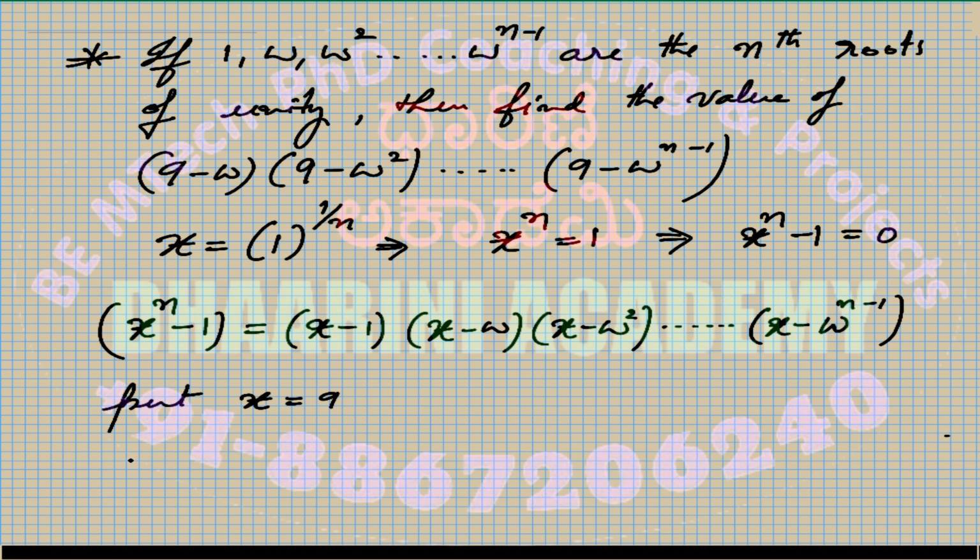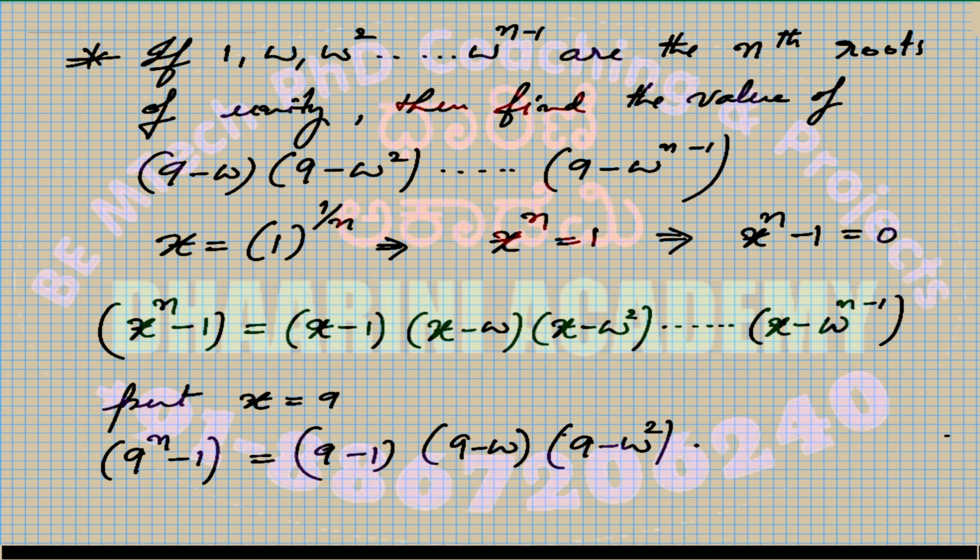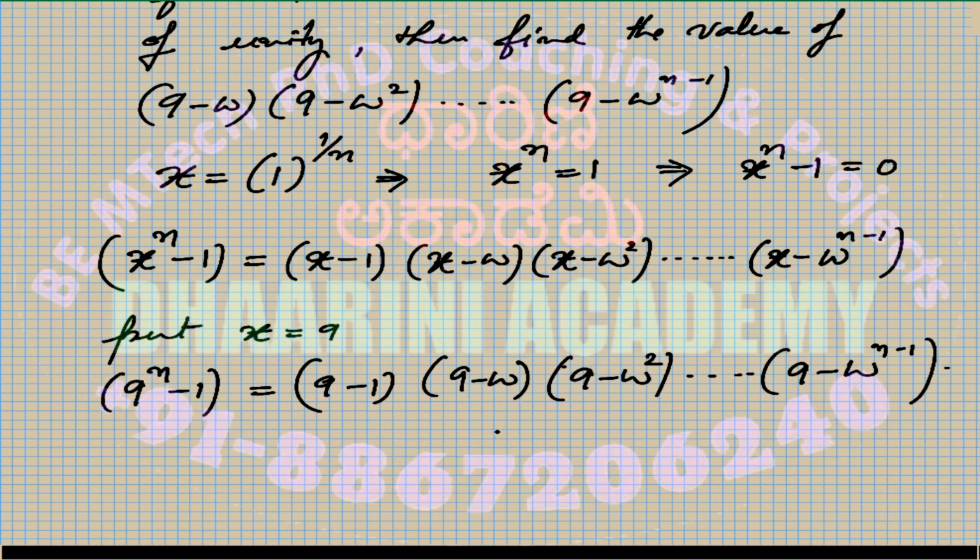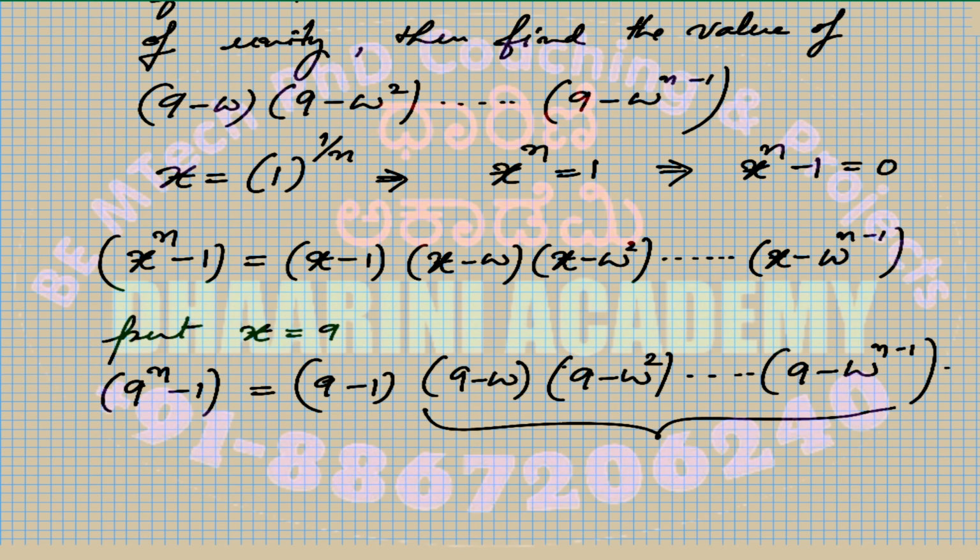Okay, let us put, so that means 9 to the n minus 1 is equal to 9 minus 1 into 9 minus omega into 9 minus omega squared up to 9 minus omega to the n minus 1. Okay, so let us try to retain only this on one side, because this is what they have asked. Find this value. This is the question, right?